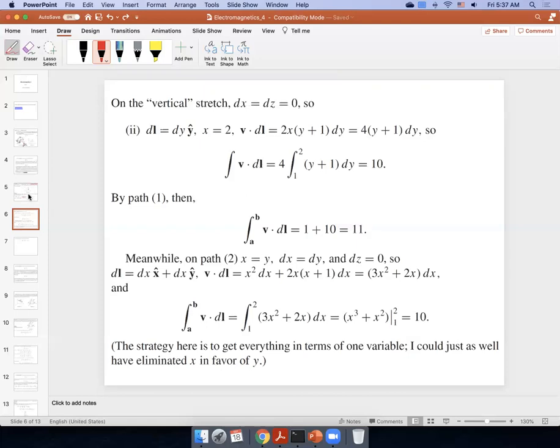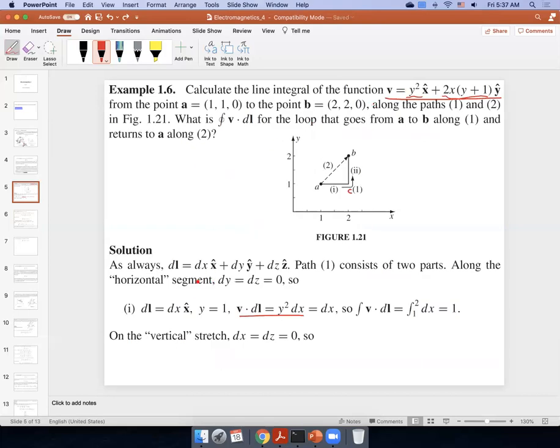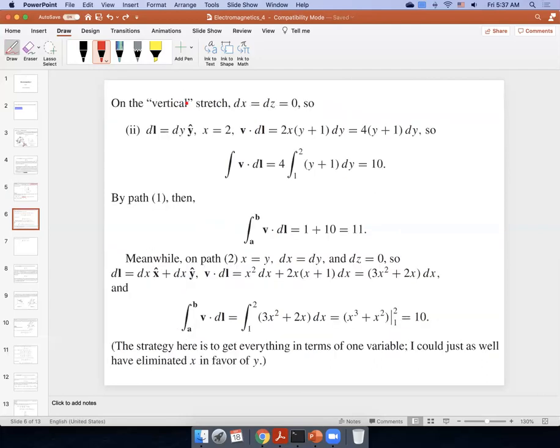Now dl becomes dy, because dl equals dx, dy, dz. So dx is 0, dz is 0. You only have dy in the y direction here. And as we said, x equals 2.